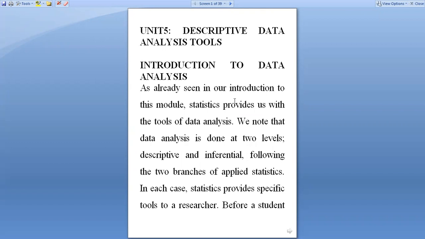I have said that we are going to remind ourselves what descriptive data analysis is, look at the descriptive analysis tools we have, then look at when each tool is used.